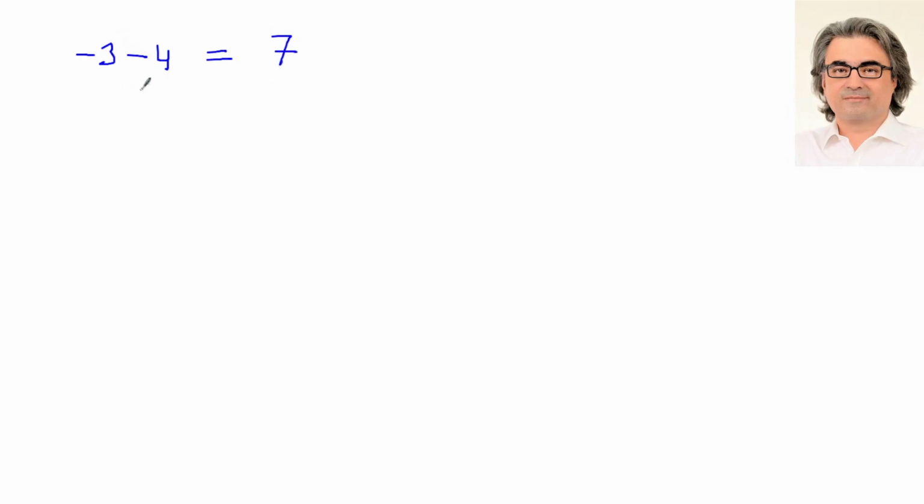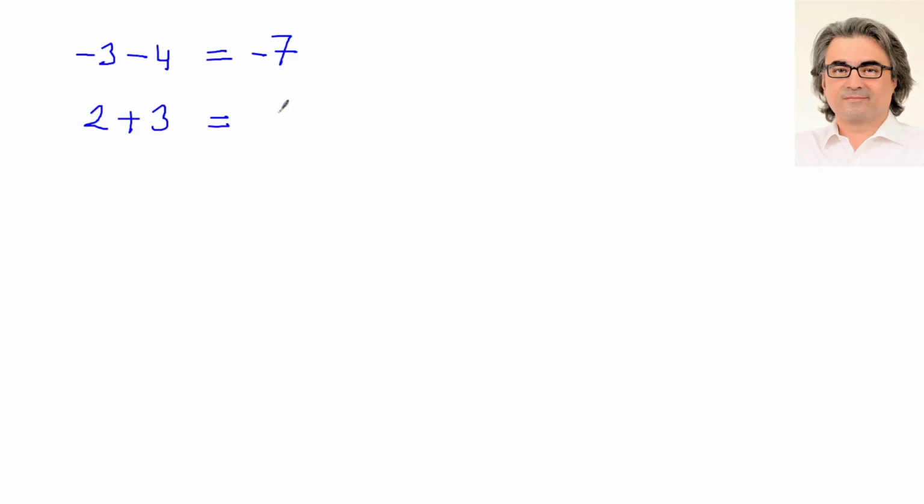Then put the sign of these two numbers in front of 7. You know they have the common sign, minus. So I should put minus sign in front of 7. Another example, 2 plus 3. 2 is also positive, you know. They have the same sign, 2 and 3.